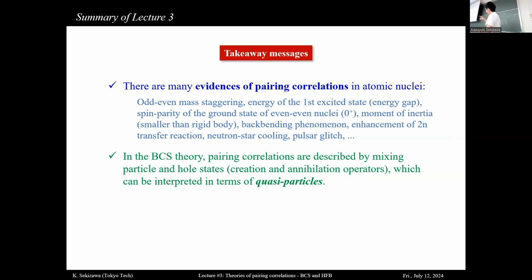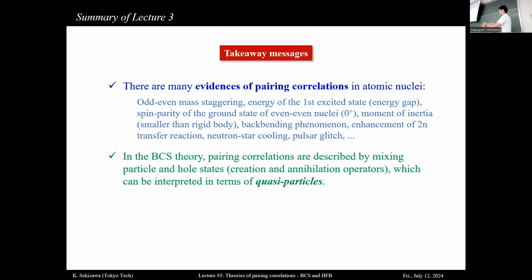Or we can view these properties from the fractional occupation at the Fermi level, which makes some part of the occupied states partially excited, and it becomes some fractionally occupied states around the Fermi level.